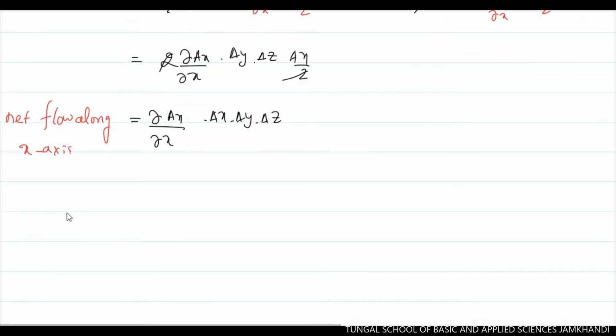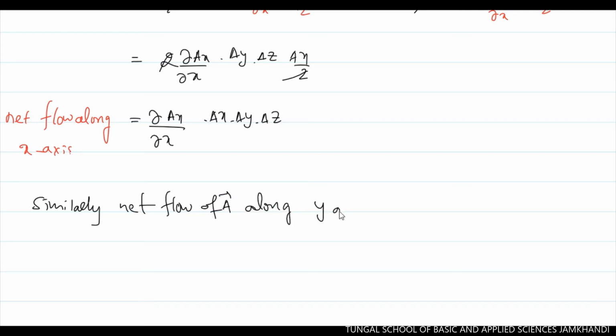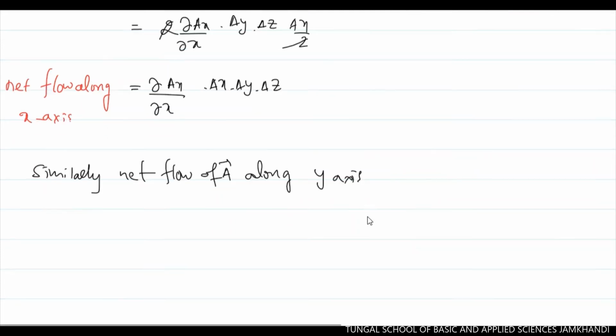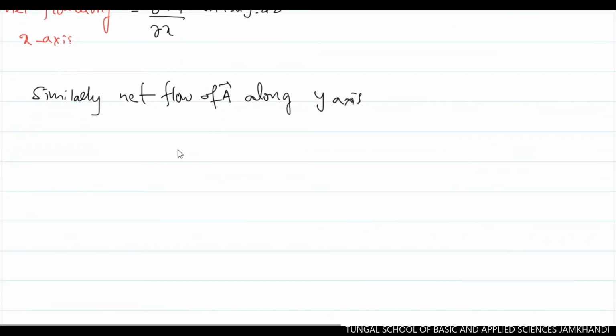Similarly, if you go for the net flow of that vector along the y-axis, it is given by ∂Ay/∂y into Δx, Δy, and Δz, because it's a y component.